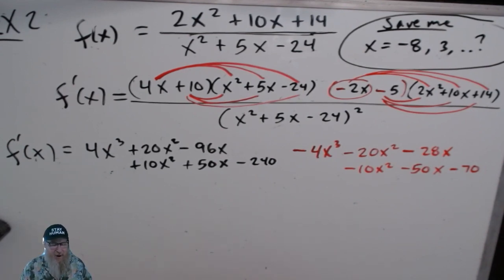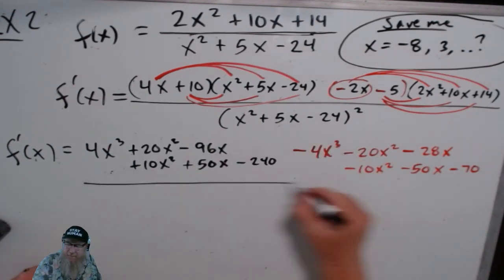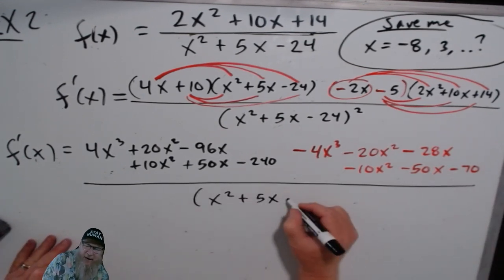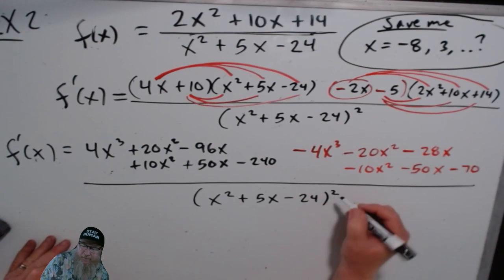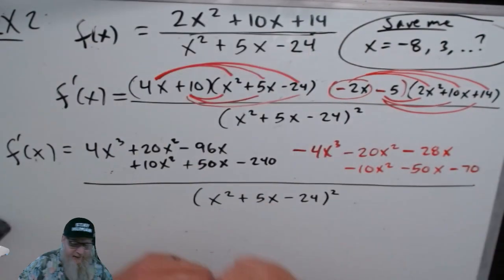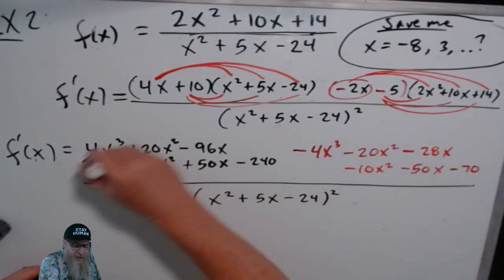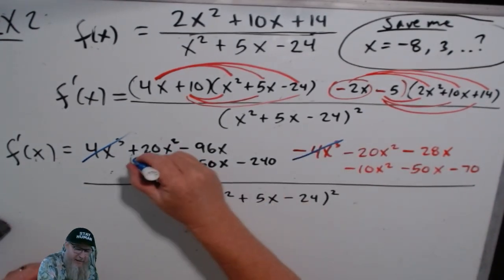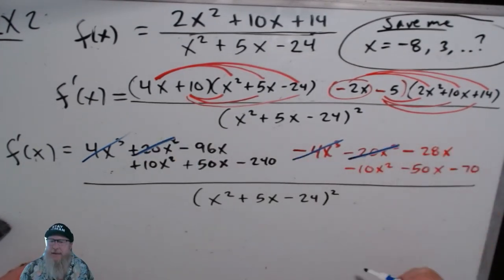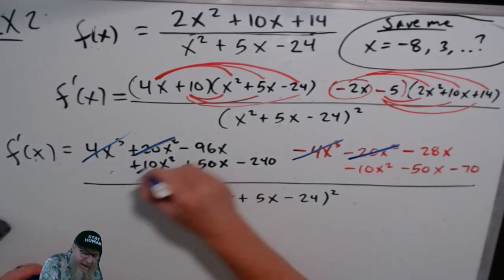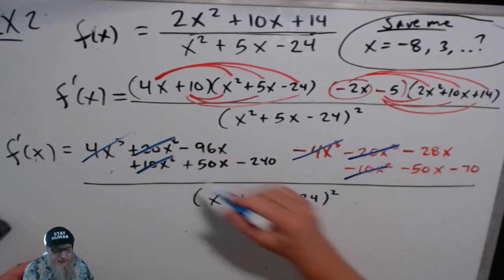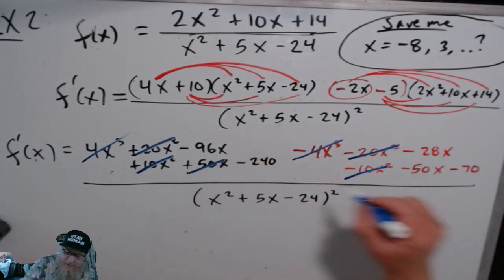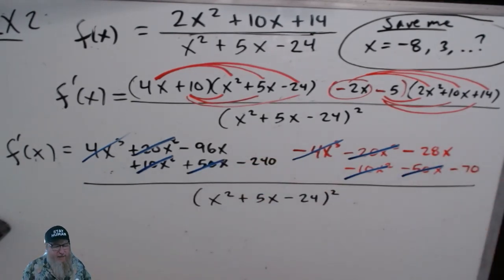Now this is my favorite part. Oh, and don't forget about the bottom. Although it really doesn't matter right now, it does matter in the long run. So let's have some fun. 4x cubed, negative 4x cubed. 20x squared, negative 20x squared. 10x squared, negative 10x squared. 50x, negative 50x.